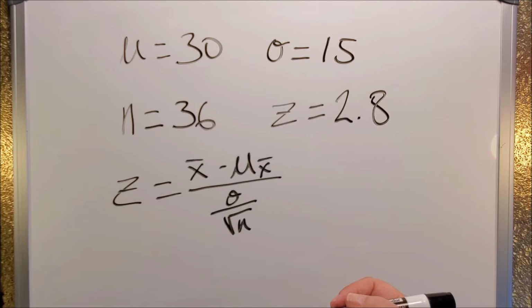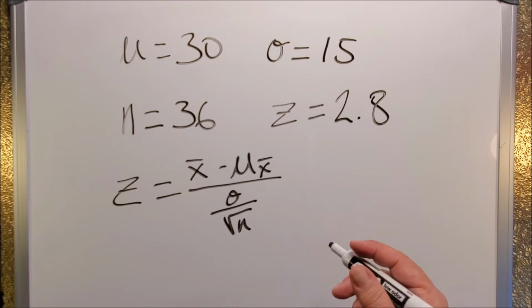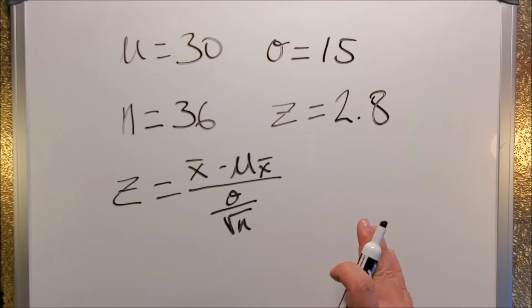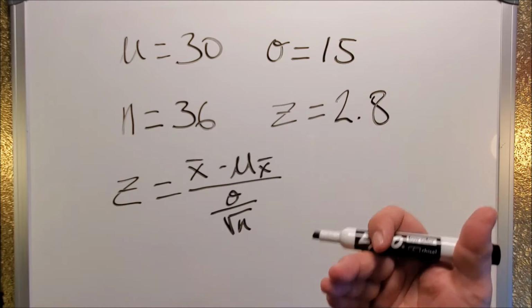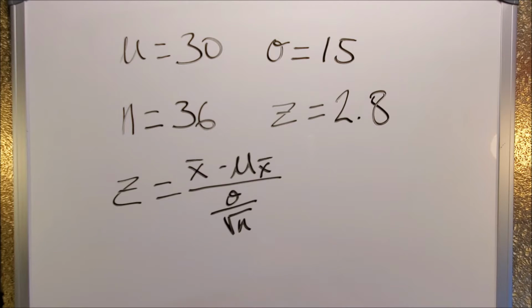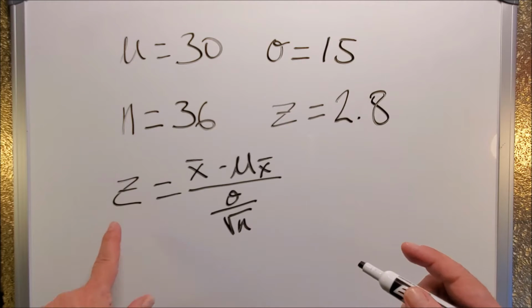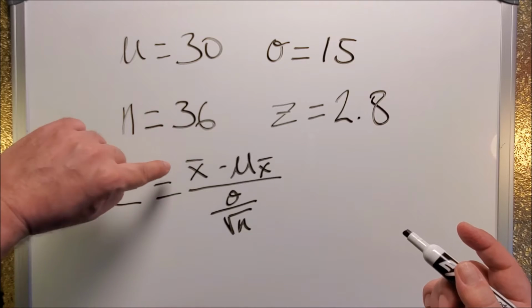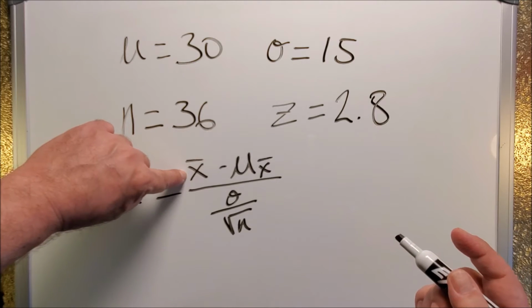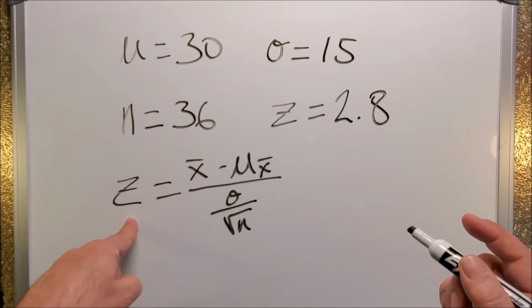So like many things in math, one approach is, I have a formula where I have everything that goes into it except for the one thing that I'm solving for. So let me just solve for that one thing. Remember, we have the 2.8, the z-value, but we're solving for the sample mean that would yield that.